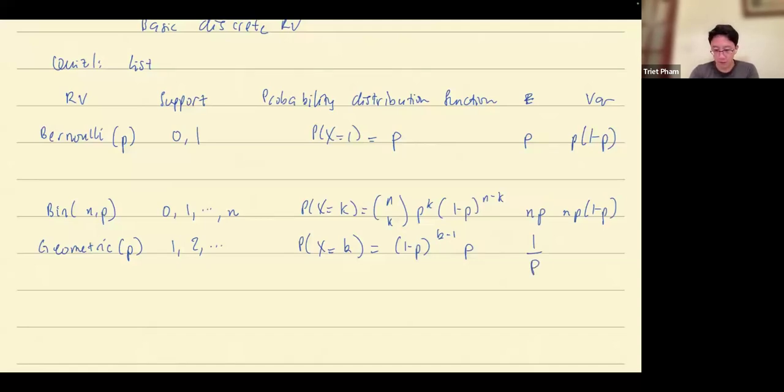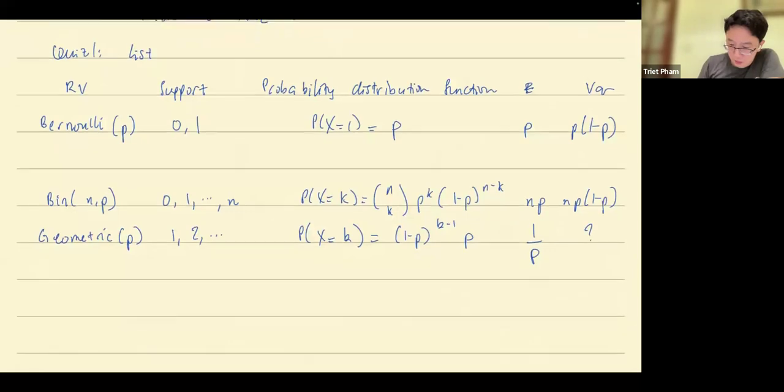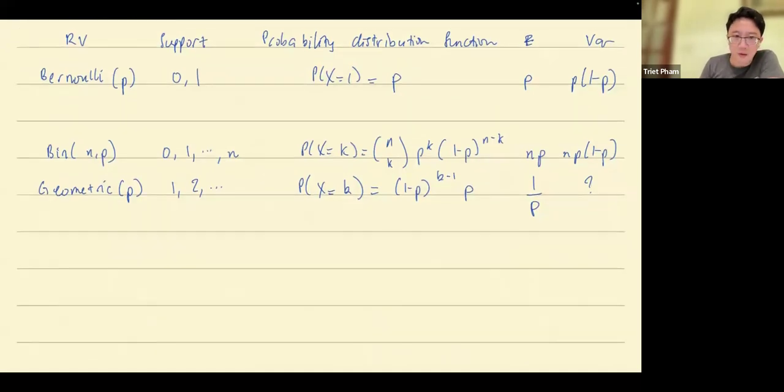What about the variance of a geometric random variable? All right, I'll leave that as a question mark. We will be doing problems where we work out both of these expressions, but I'll let you figure out what the variance of a geometric random variable is.